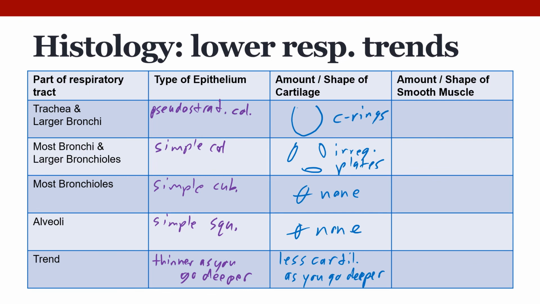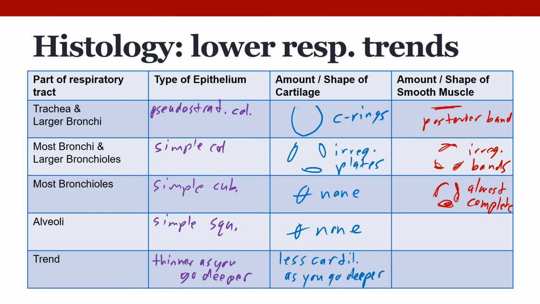Okay, and then if we look at our smooth muscle, we see just the posterior band there. Then we see irregular bands here. And an almost complete circle of these here. So your trend is more smooth muscle as you go deeper.